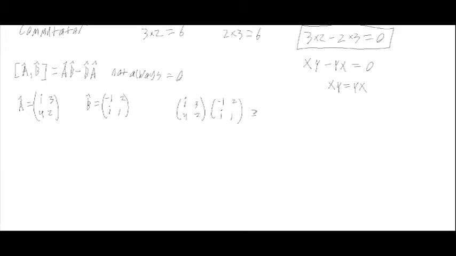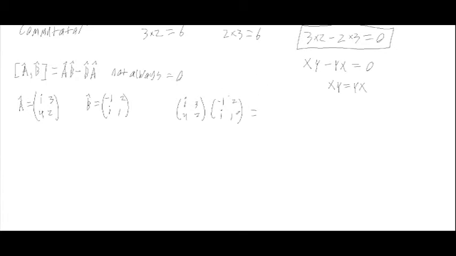And from this, with matrix multiplication, what you're doing is you take the top row and you multiply. So we do i times minus 1 here, and then we do 3 times i, plus i times 2 plus 3 times 1, and that gives us our first element in the matrix.